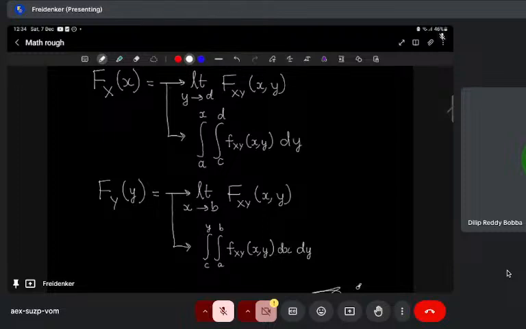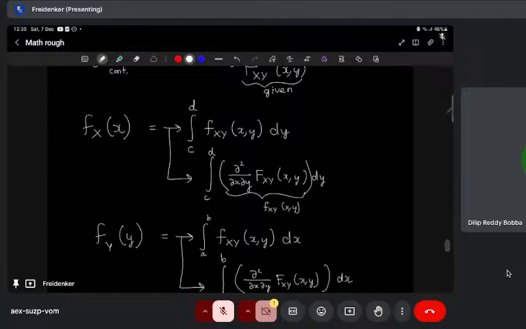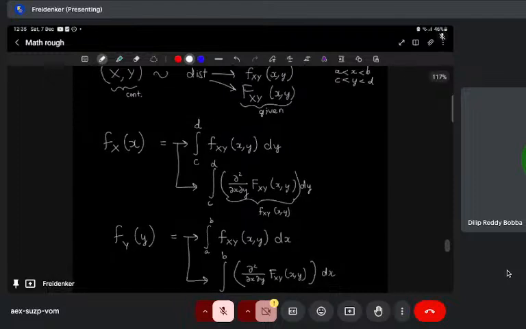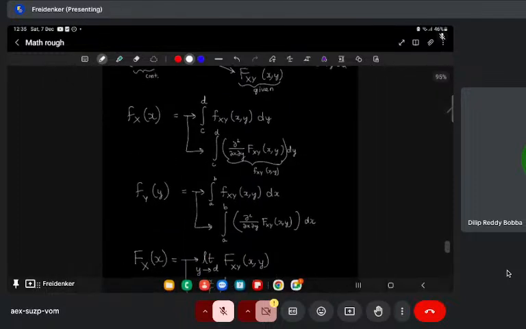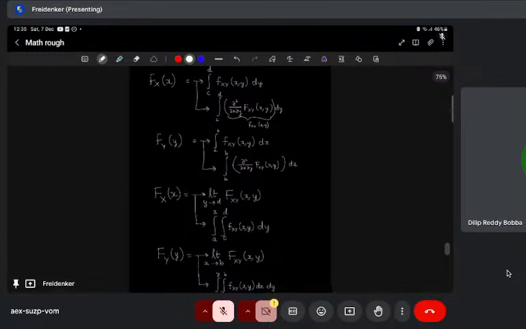We can directly find it using integration, because integration of the PDF gives you the CDF, and differentiation of the CDF gives you the PDF. This is a nice little summary for the continuous case.